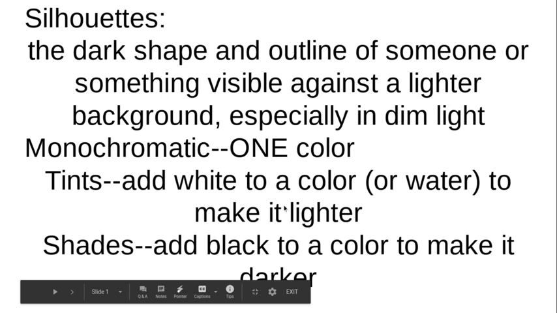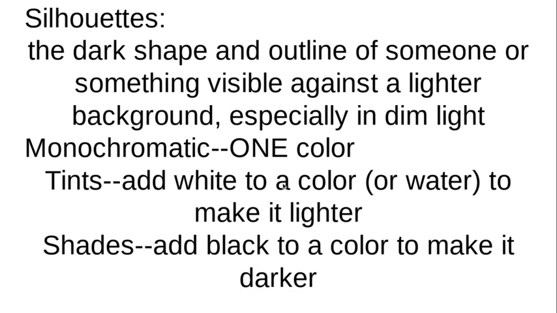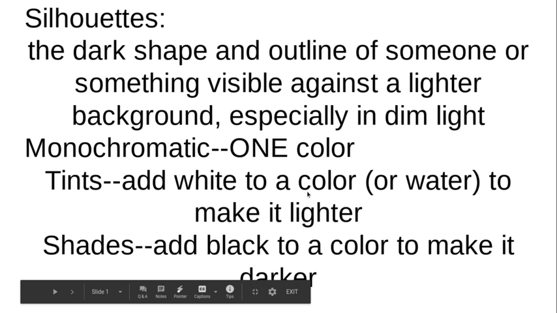And we're also going to focus on one color only. If you focus on one color, it's called monochromatic. Mono means one. Chroma is color, so monochromatic is one color. But what we're going to focus on is making tints and shades of that one color.